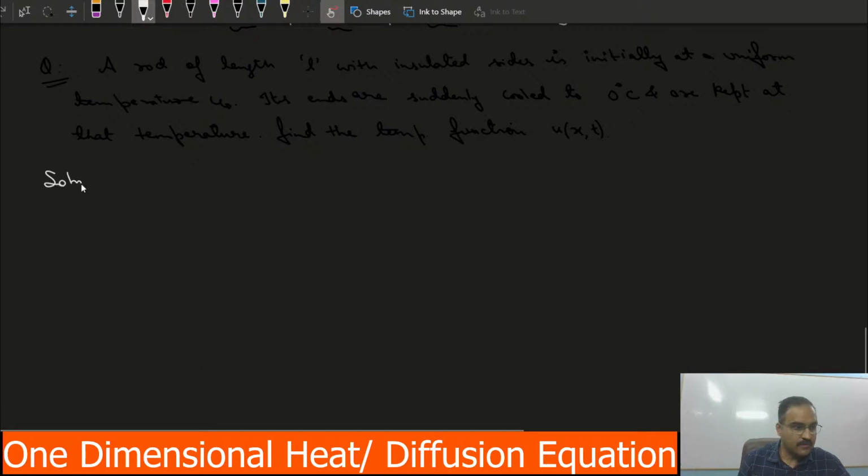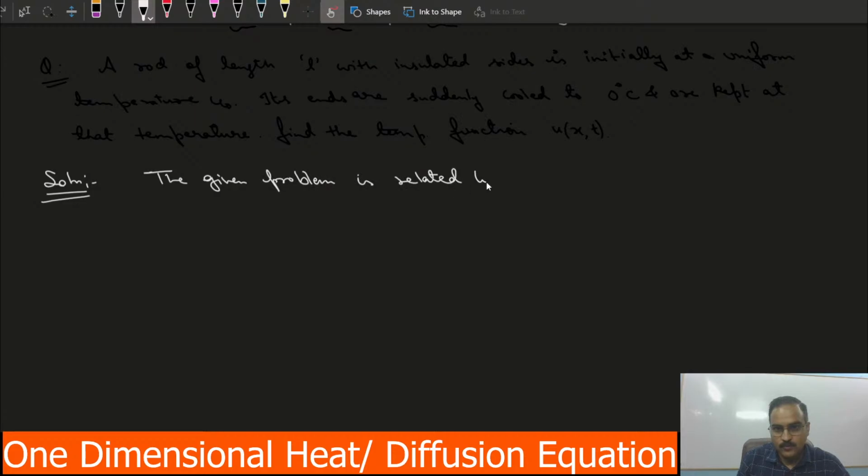So solution is given now. The given problem is related to the one-dimensional heat equation, that is ∂²u/∂x² = (1/c²) ∂u/∂t.